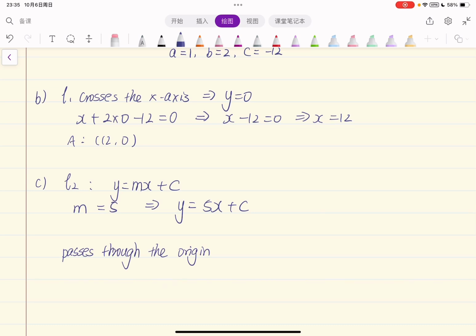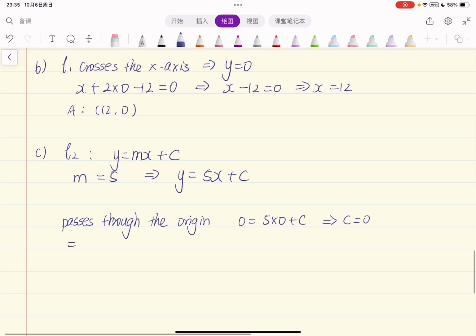So we have 0 = 5 times 0 + c, which implies that c = 0, so that the equation of L2 is y = 5x.